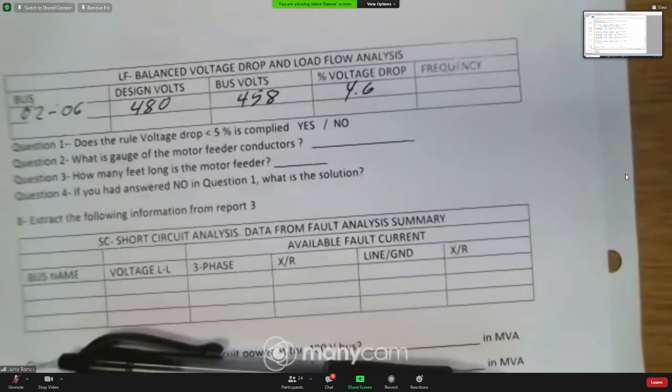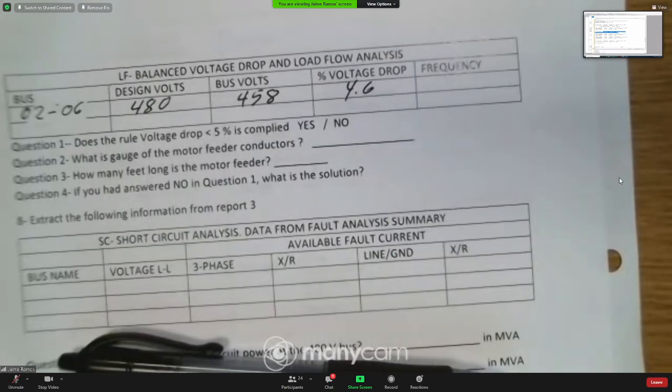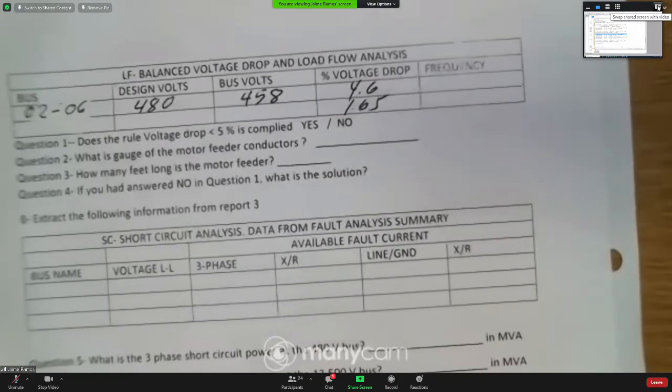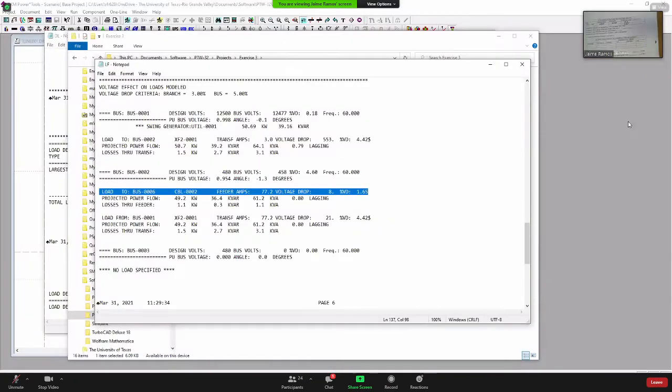So this is what I was writing here. And then to load on cable. So then here I have another, here I have 1.65. Okay.